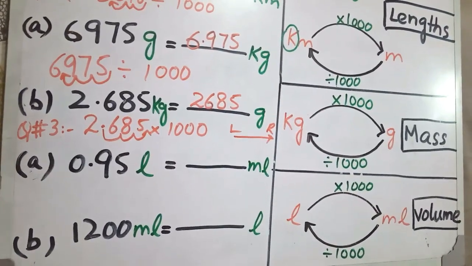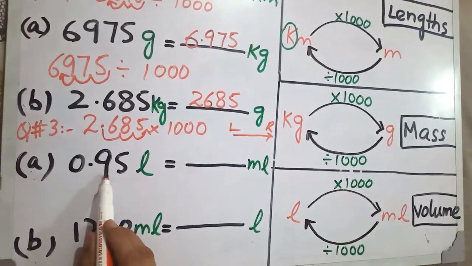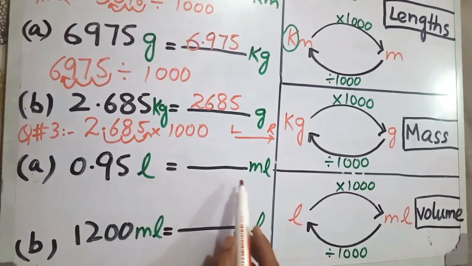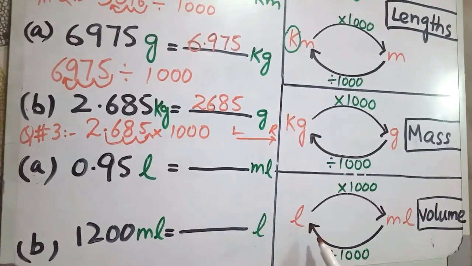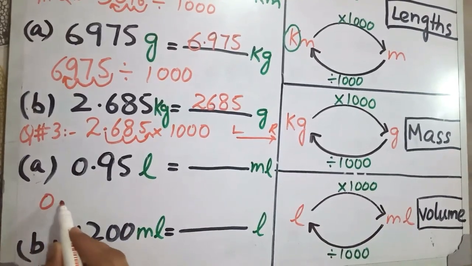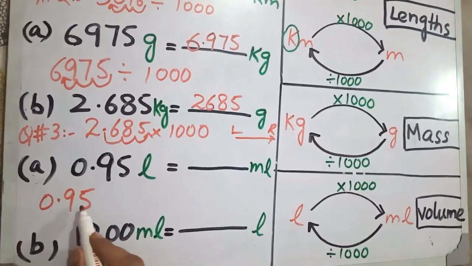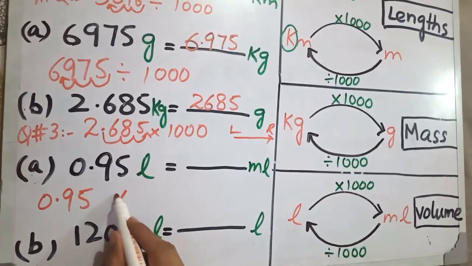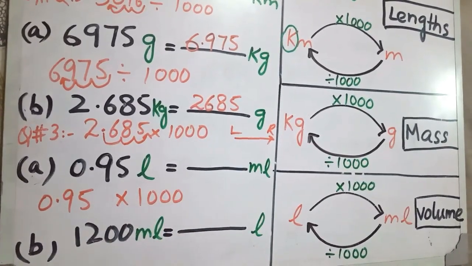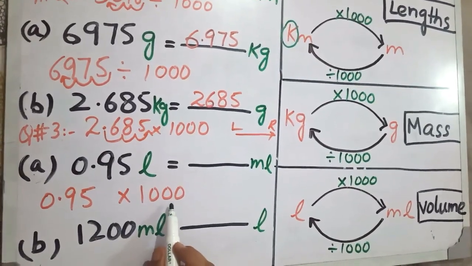Now come to the question. Question number 3, A part: 0.95 liters, which is being converted into milliliters. Can you see the direction of the arrow? We will multiply 0.95 by 1000. For this we should move the decimal point 3 times.